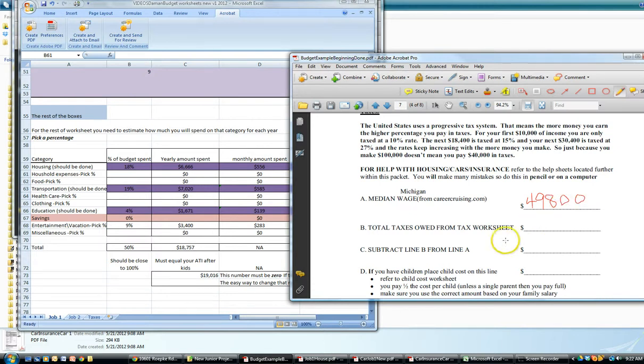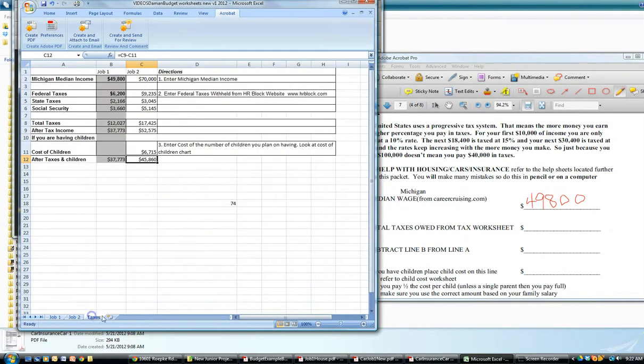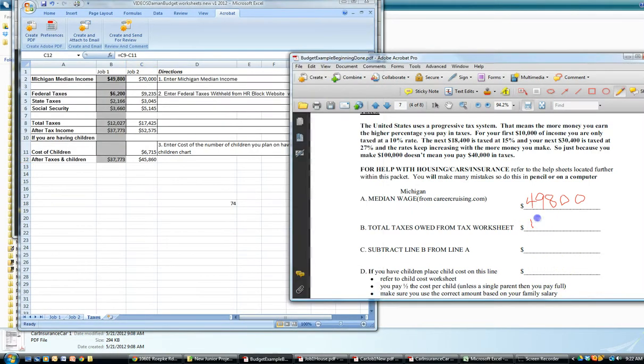Total taxes. I can just go back to that taxes worksheet. All right, so my total taxes was 12,027. I then subtract and I get 37,773.